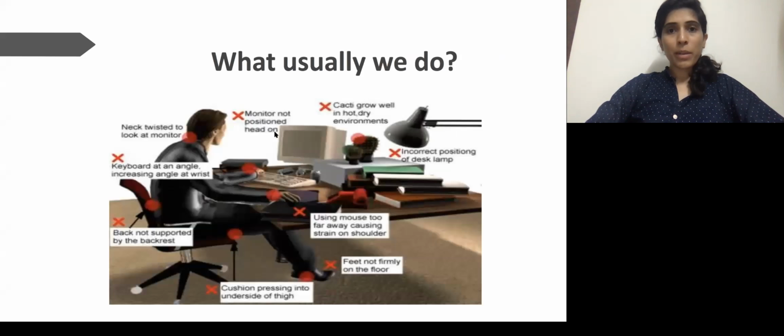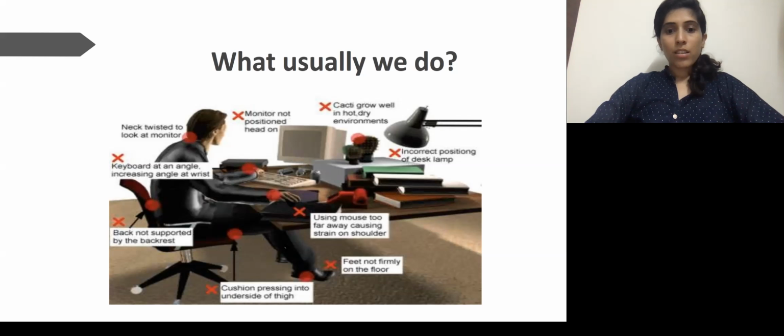So what do people usually do while working on the computer? They do not bother about their posture and, knowingly or unknowingly, they put their body in a stressed position. Here you can all see this person has an excessive forward flexed position of the neck, and the back is also forward flexed.